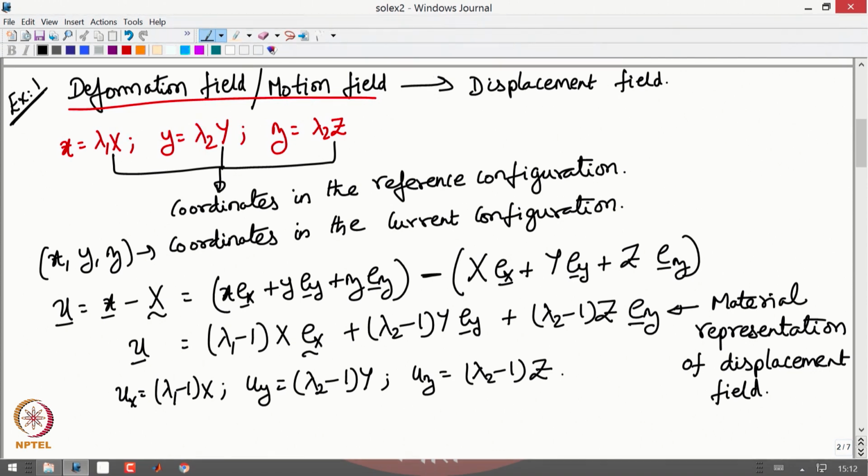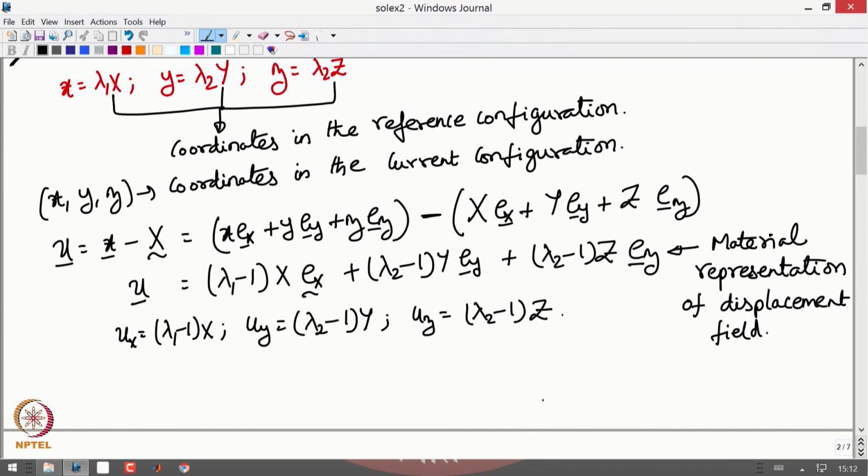Now, say I want to represent the same displacement field in the spatial form. I want to give a spatial representation for u. Spatial representation means, as we saw before in the lectures, u x, u y, u z should be written in terms of small x, small y, small z, which are the coordinates in the current configuration.